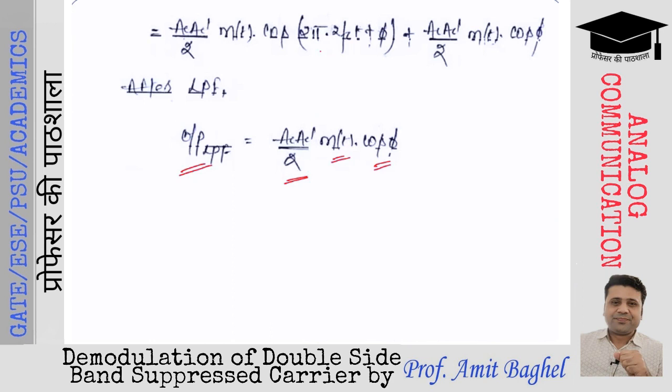Because this high frequency component, m of t into cos of 2 pi into 2 fct plus phi, will be filtered out by the low pass filter. This will exhibit the spectrum of M of f at the frequency 2fc and minus 2fc.